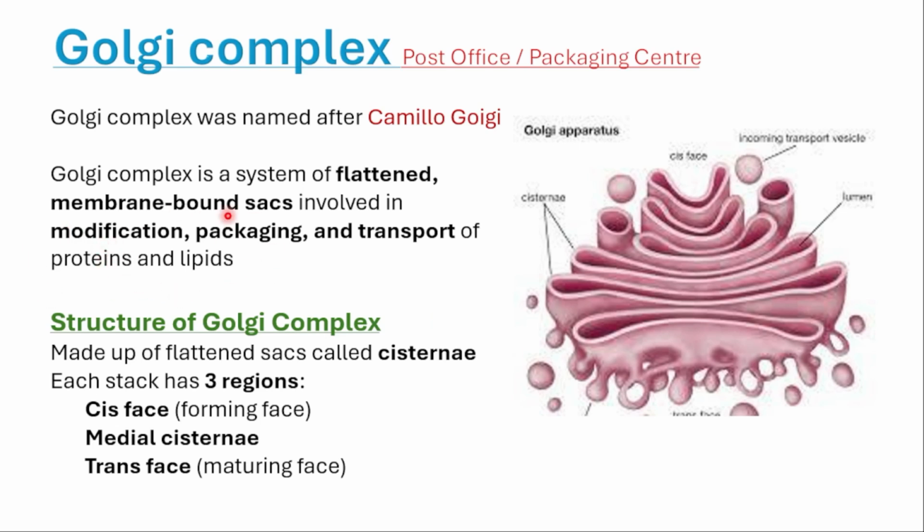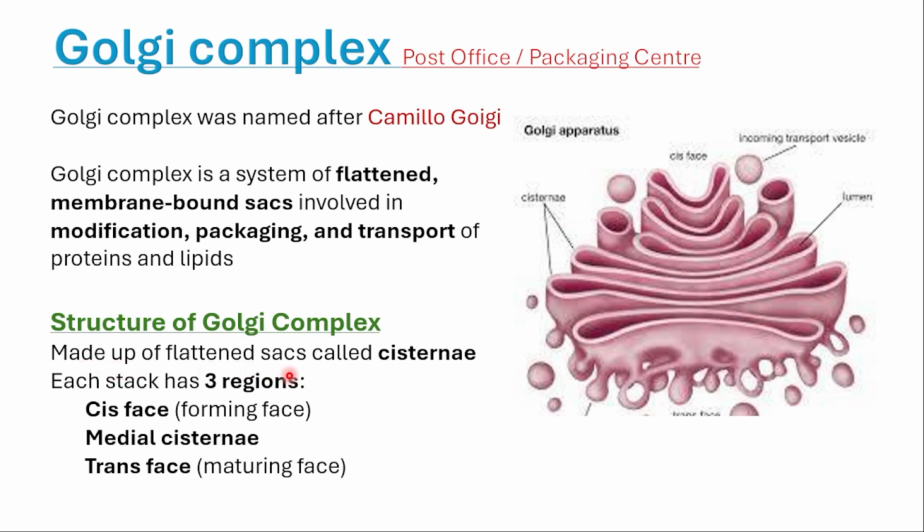The proteins and lipids produced by the ER are going to be modified, packaged and transported out. Got it? That is the main function of the Golgi. So let's talk about the structure.